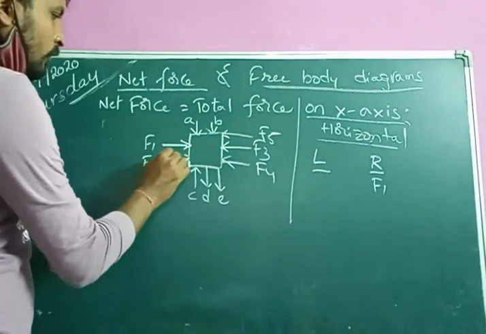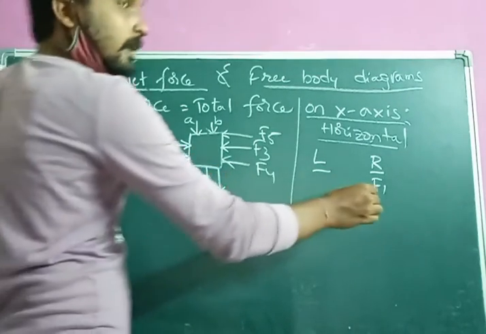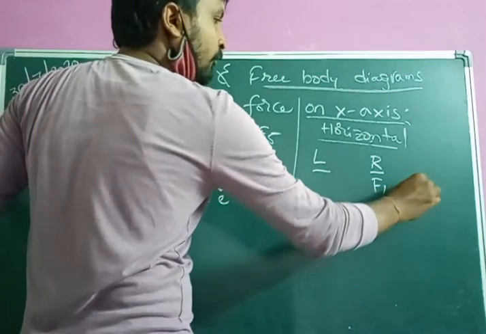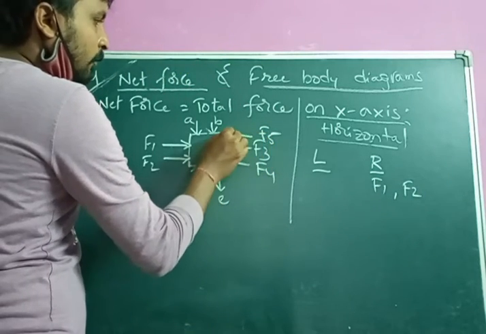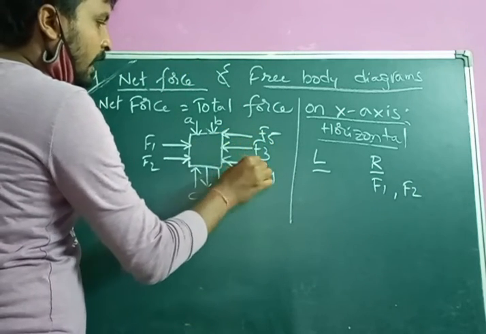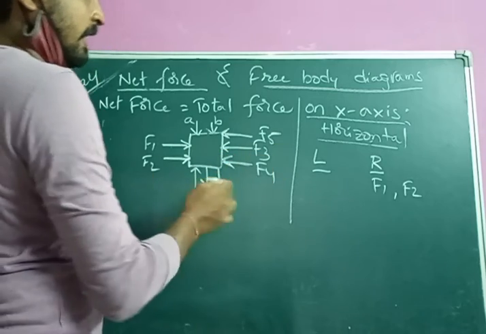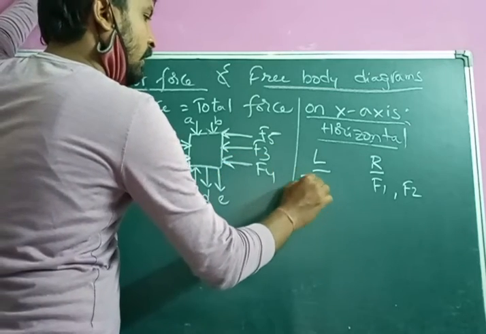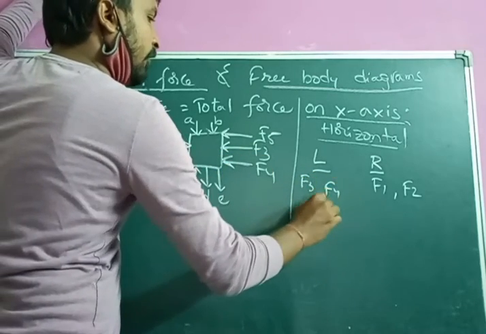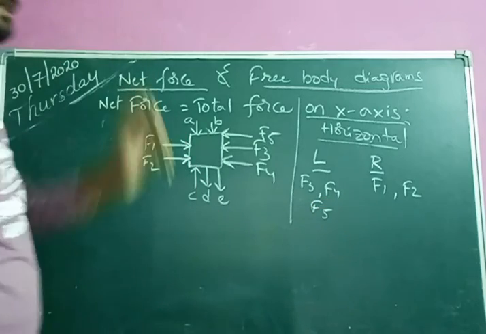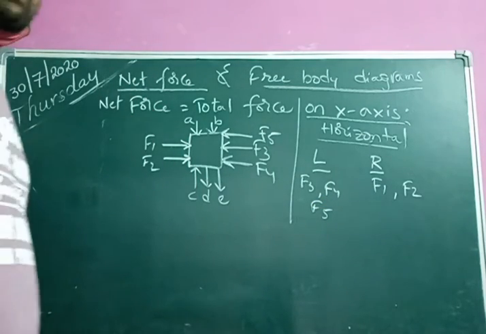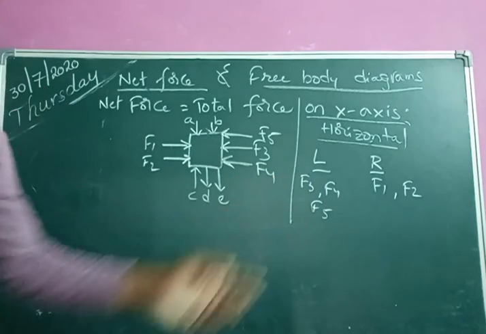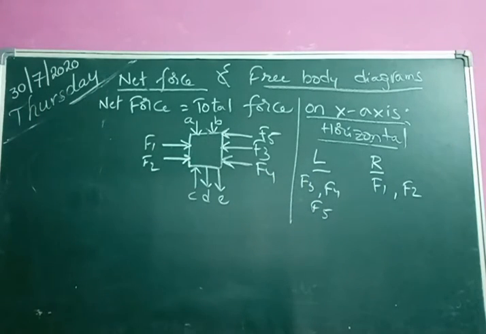And F2 is also acting towards right side, so F2. But F3, F4 and F5 are acting towards left side. So these are the forces acting in opposite directions. Towards right side F1 and F2, towards left side F3, F4 and F5.